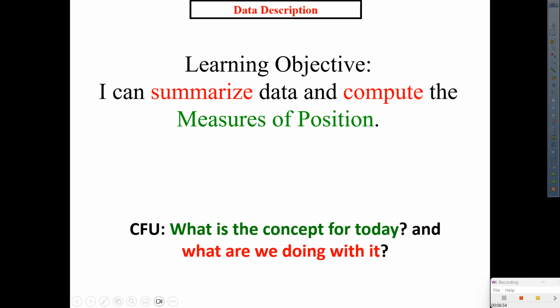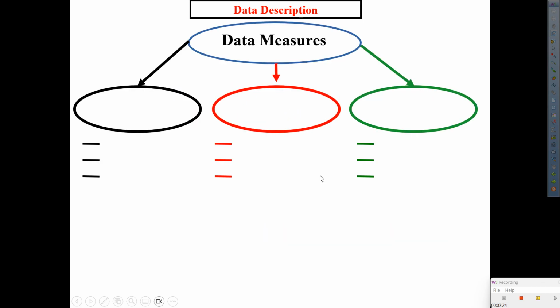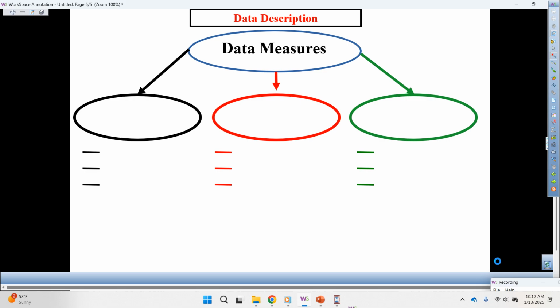Let's go. Aaron, you got that right? All right. So Aaron says he's got it. So while he's got these, remind your neighbors the three different measures and each of the components for each, please.